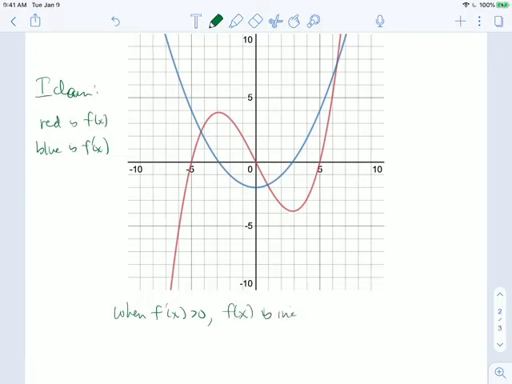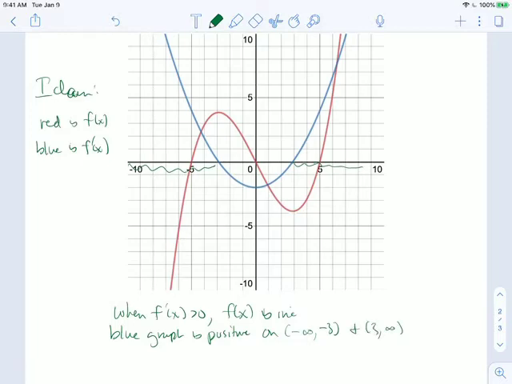Well, where is the blue graph positive? It's going to be positive for numbers up to -3. So it's positive on the interval from -infinity to -3, and then it's positive for numbers beyond 3.